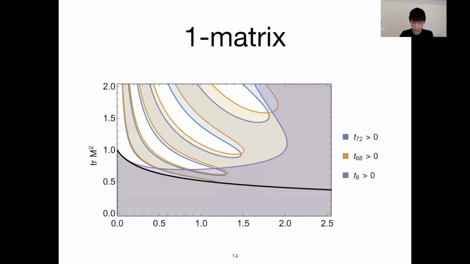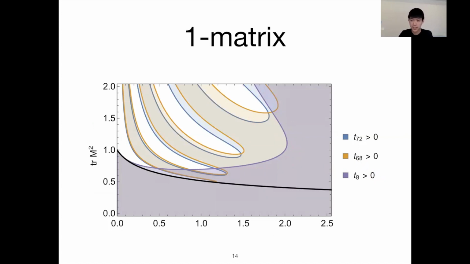Here are some plots where we just enforce a few constraints or single constraints at a time. This purple line is coming from the constraint that trace of m to the 8th is positive. And this orange line and blue line are trace of m to the 72 and trace of m to the 68 being positive. So you see that there's some interesting structure.